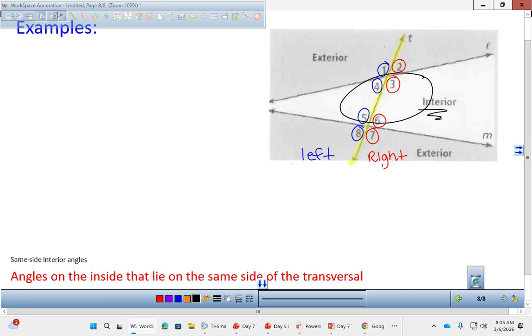So what are my pairs? 4 and 5. 3 and 6. So in your example part, you would write 4 and 5, 3 and 6. The left hand interior versus the right hand interior. There are two pairs of those.